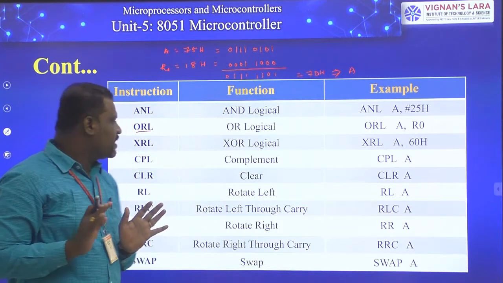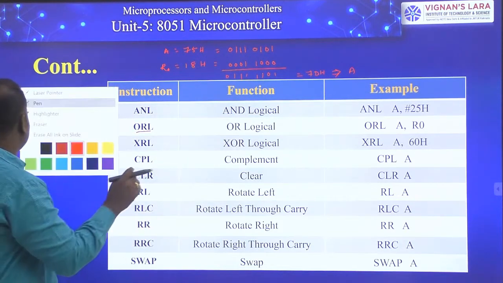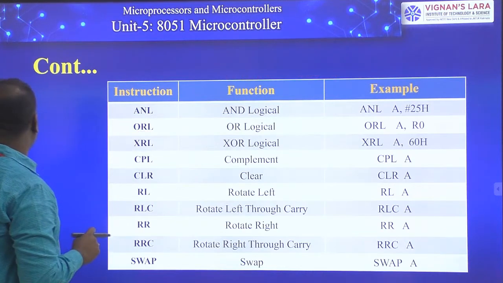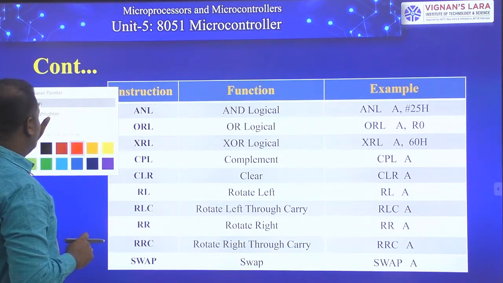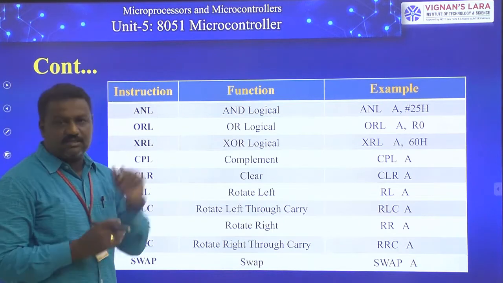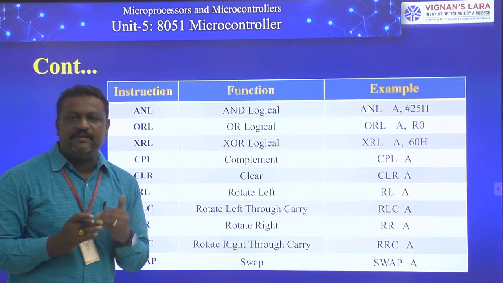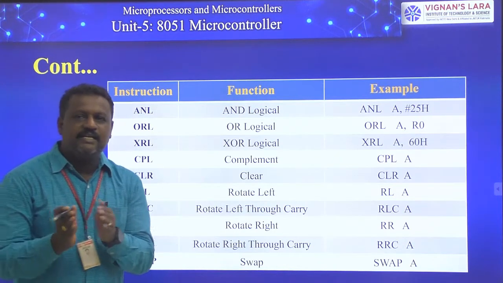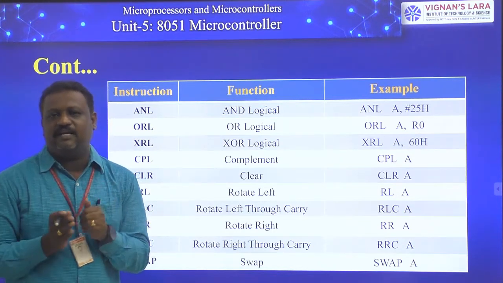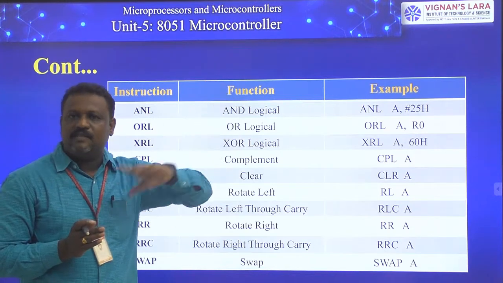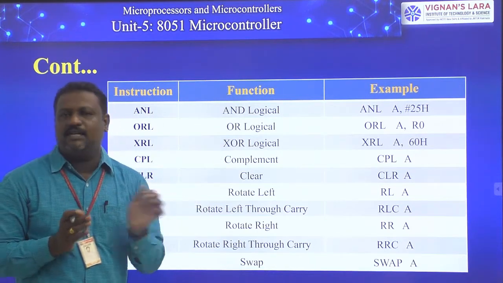That you remember. Next, coming to my next instruction, that is XRL. XRL means XOR logical, so XOR logical between the operands. It also comes under binary operations like our previous two, that is logical OR and logical AND.